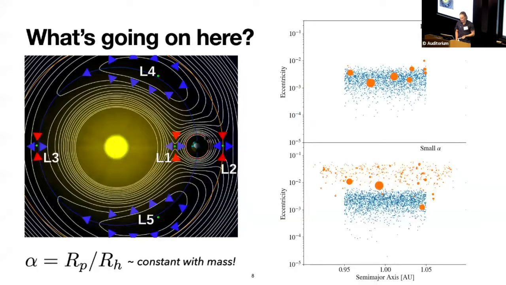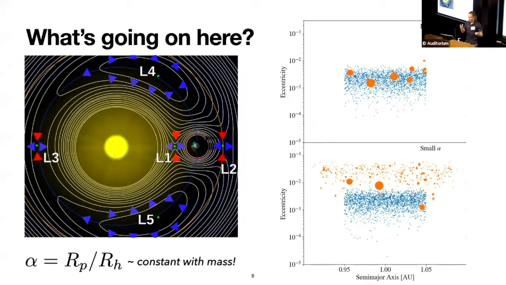A really simple way to explain what's happening here is with this parameter called alpha. This is the ratio between the size of your bodies and the Hill radius of the bodies. As you move closer or further from the star, this Hill radius grows or shrinks, because as you get closer to the star, the gravitational potential field gets steeper, so you have a smaller region where the gravity of the body dominates.